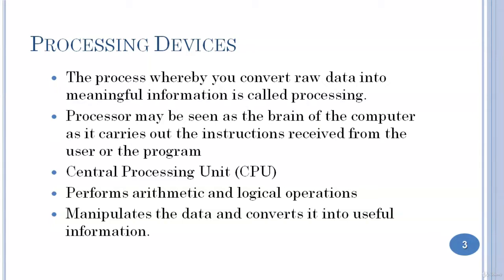The central processing unit or the CPU performs arithmetic and logical operations in a computer. So, the basic purpose of a processing device is to manipulate the data and to convert it into useful information.